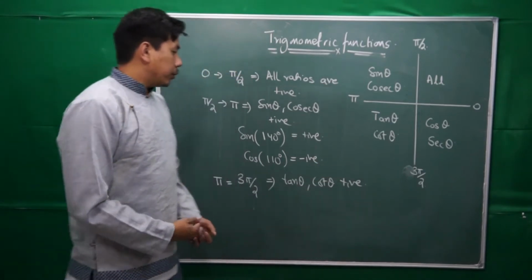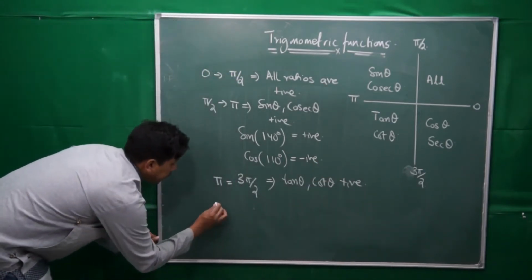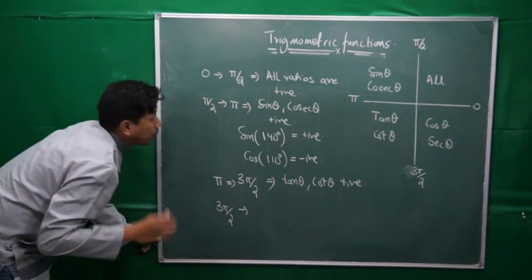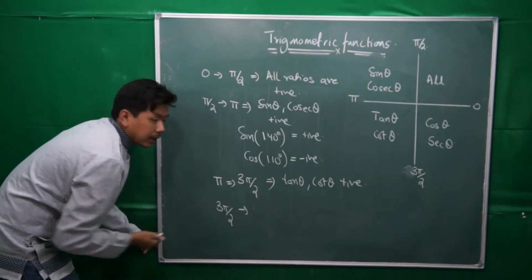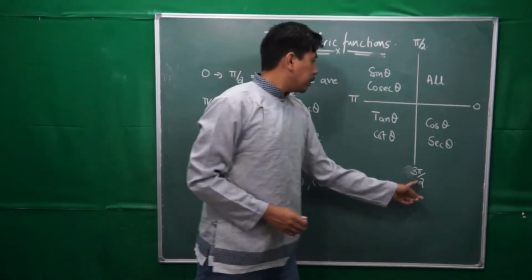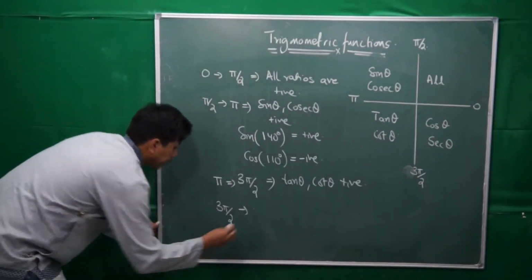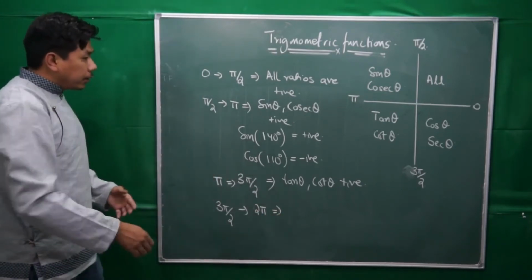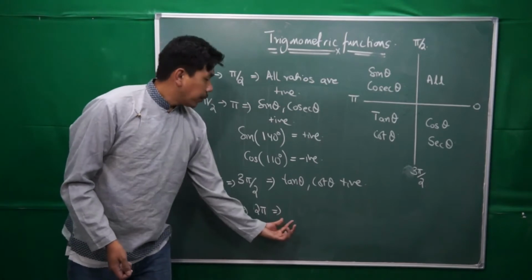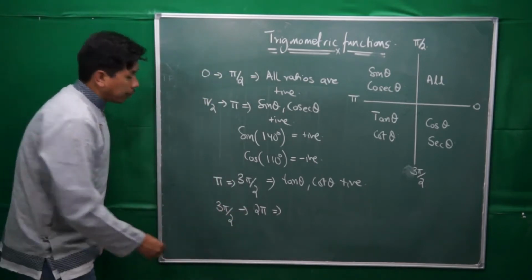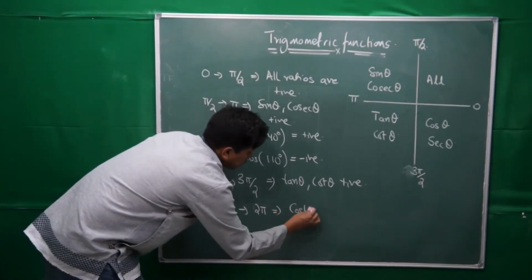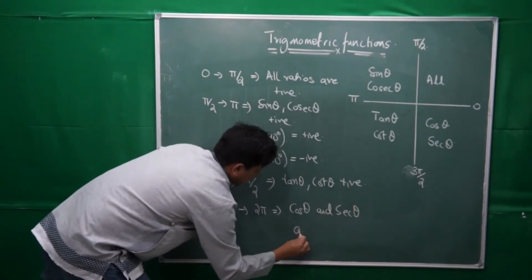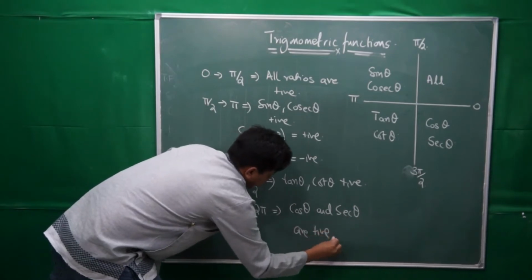Now for the last quadrant, we have between 3 pi by 2, 270 degrees, and 360 degrees. Let's say 2 pi. So 2 pi is 360 degrees. What is positive in this range? Cos theta and sec theta are positive.